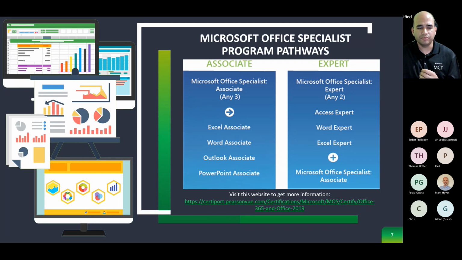You could become an associate, you could become an expert, and it shows you the different pathways available. I'll share the link to this a little bit later, maybe if we have some questions we would like answered. I'll share the relevant links where we can look at more information if you want to approach some of these other exams.